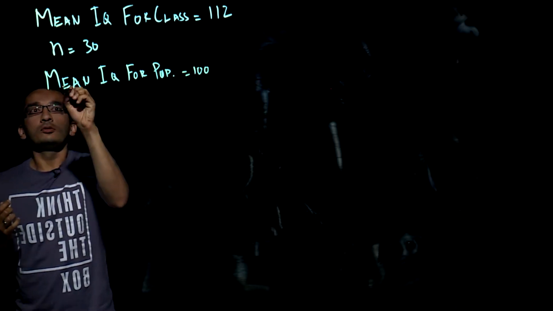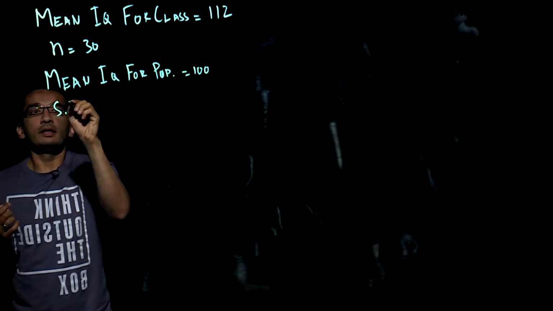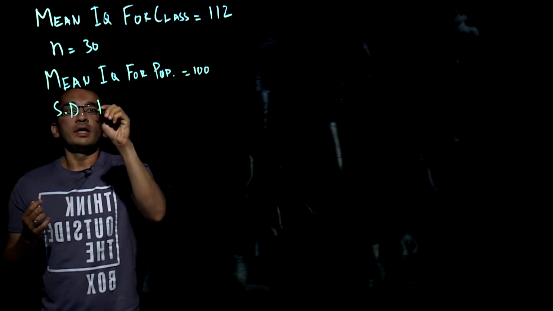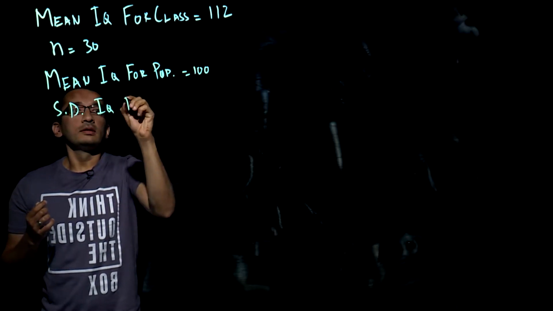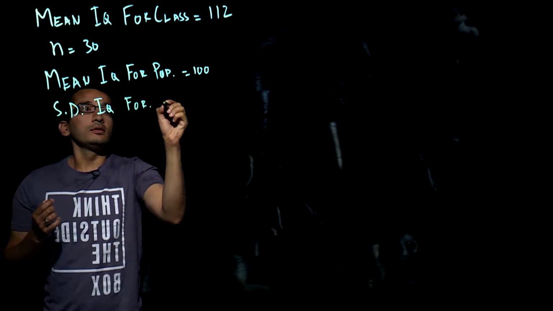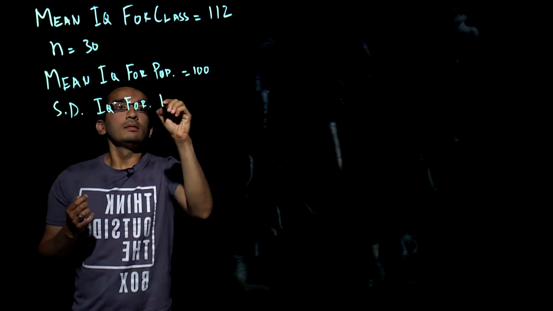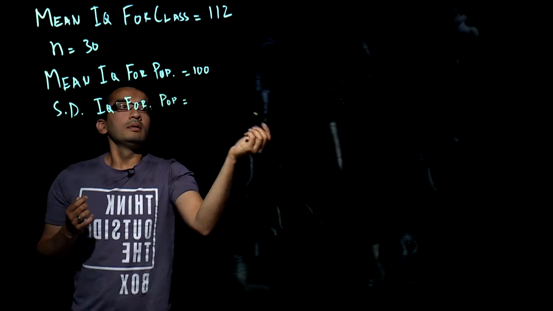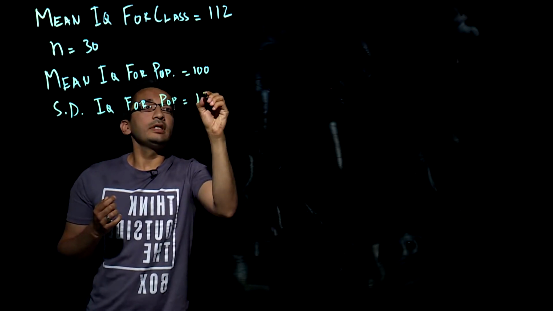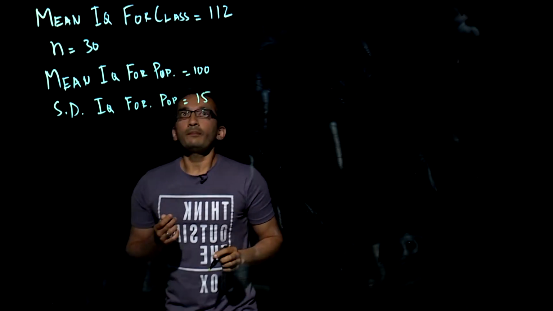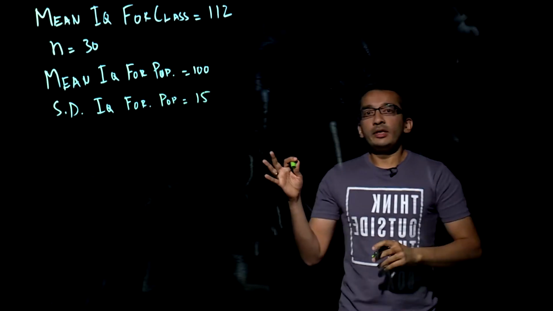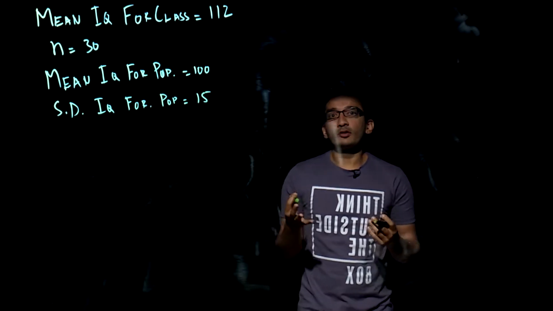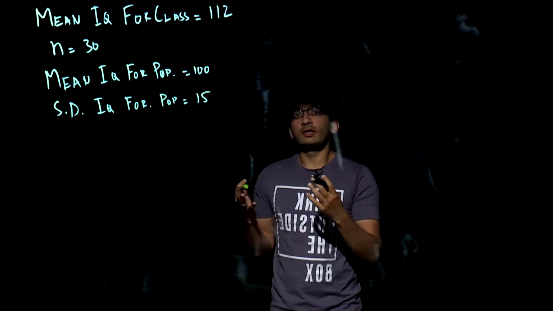And let's also assume that we know the standard deviation of the IQ scores for the population, and that is equal to 15. So given this piece of information, we want to test this hypothesis of a higher IQ level for the class.